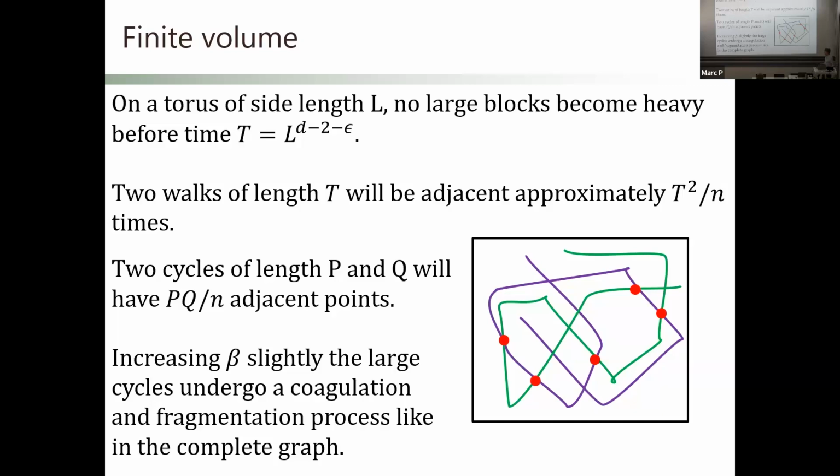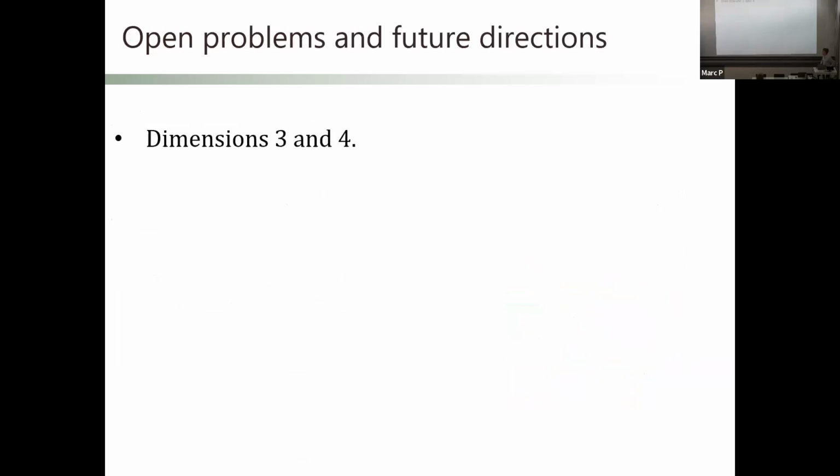Okay, and so there's lots of things that we don't understand. Dimensions 3 and 4 are completely open. Dimension 4, you could expect maybe the same kind of approach might have a chance, because in dimension 4, two independent walks will still definitely intersect each other, but they don't do it very many times.